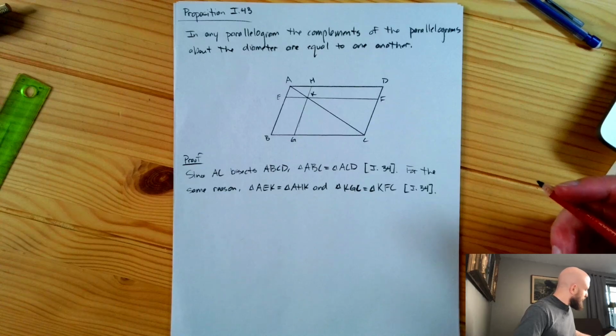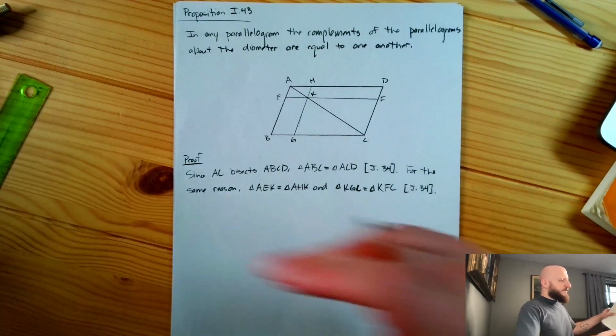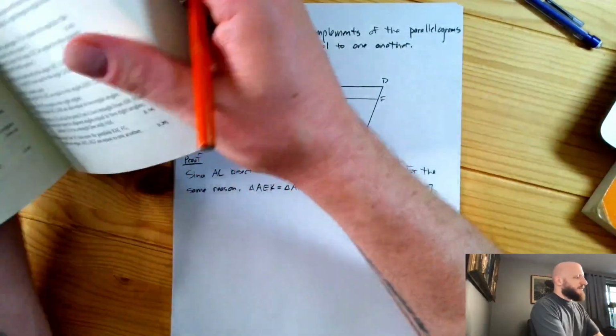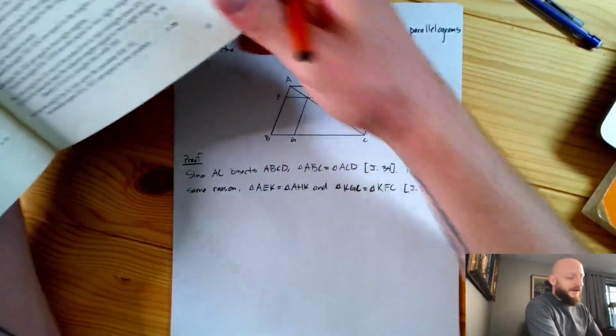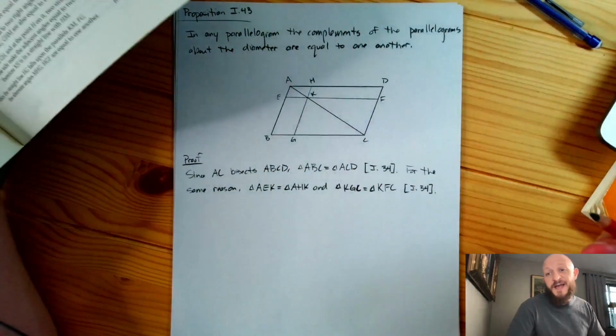All right, and let me just make sure I'm not jumping ahead. Yeah, so I'll read here what Euclid wrote, the way that Euclid wrote it, and then I'll write it the way I would write it.